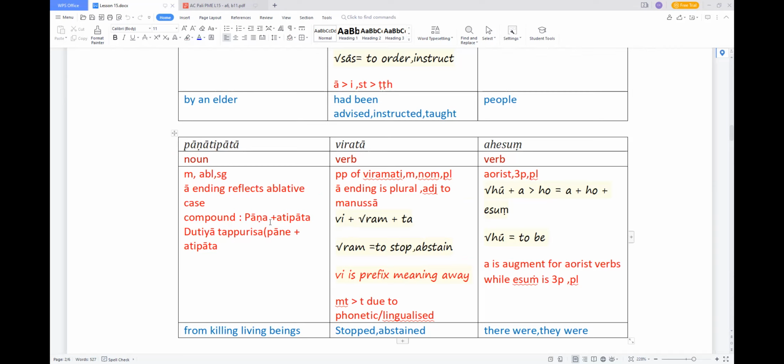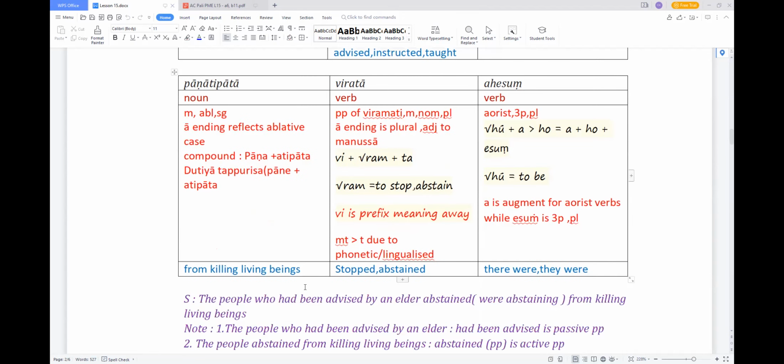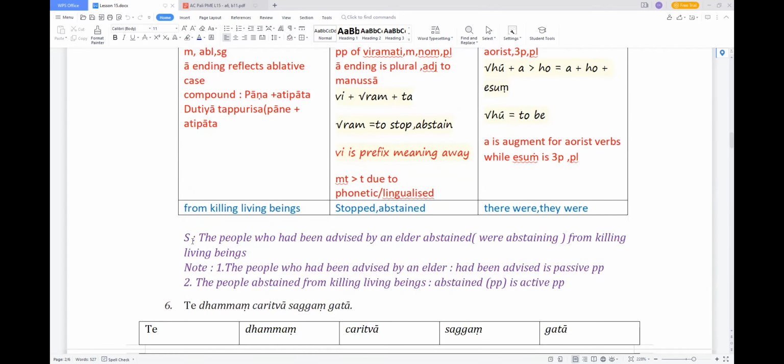Pana means living beings or breath, and Atipata means destroying. It comes under Tatpurisa, so the translation will be from killing living beings. With the sentence here, it will be translated as the people who have been advised by an elder abstain, or you can use were abstaining from killing living beings.